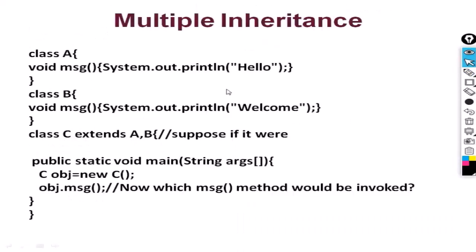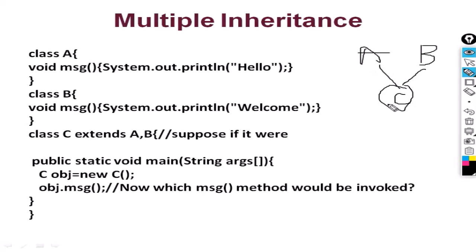So next, multiple inheritance. Basically, what is multiple inheritance? Multiple inheritance means two parents. For example, you have two parents, A and B, and only one child, C. So C has two extends.